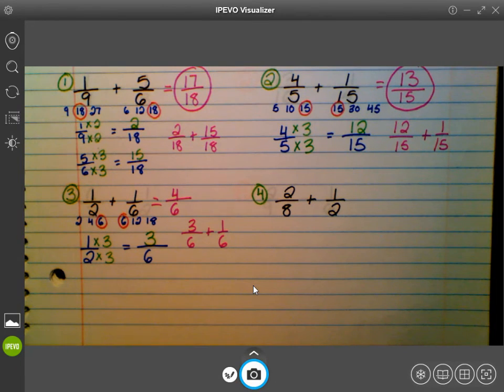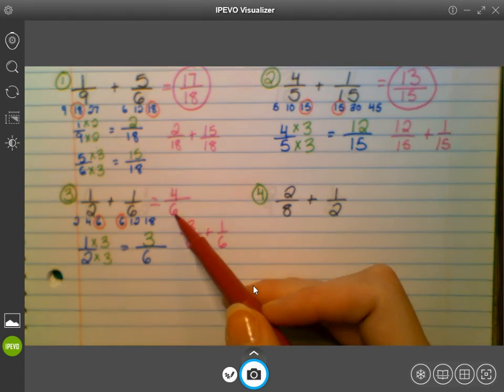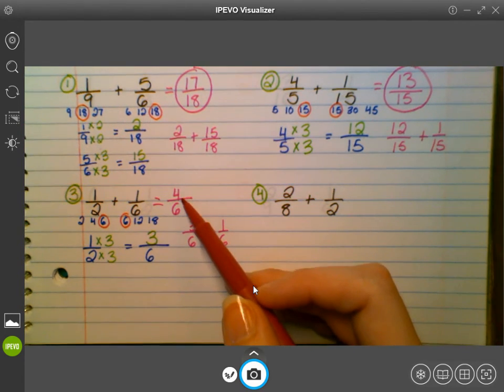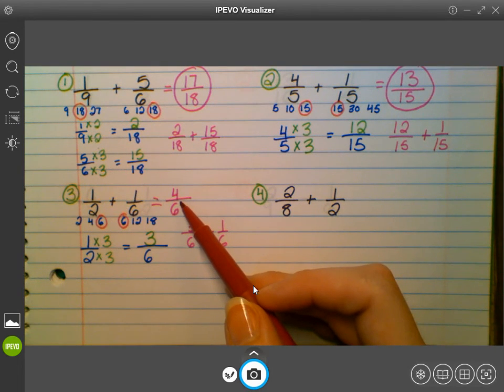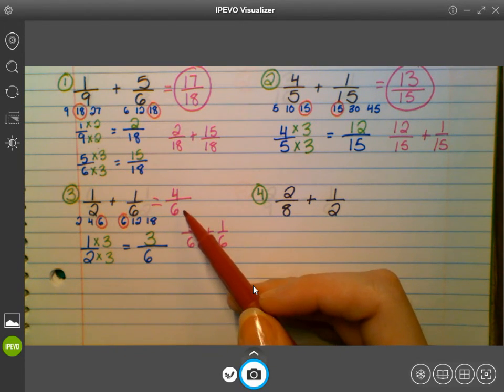No. Does anyone remember what simplify is? What's simplifying, Mackenzie? You take the 6 and the 4, and you see how you divide it by how much. You're very close. Elena, thank you for not blurting out while raising your hand.